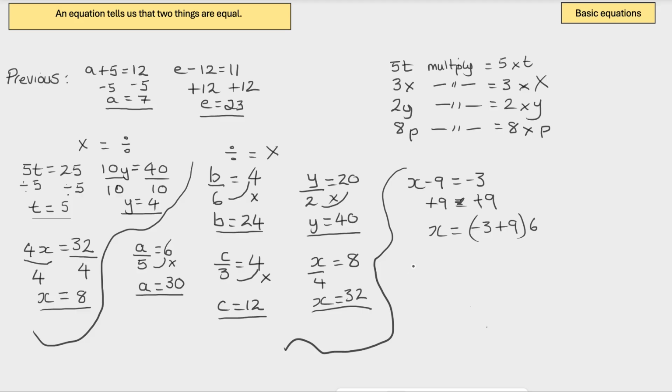Another one we can do, y minus 8 equals minus 7. So it's a minus, so we're going to plus 8 on both sides. So then y equals 1 because minus 7 plus 8 equals 1.